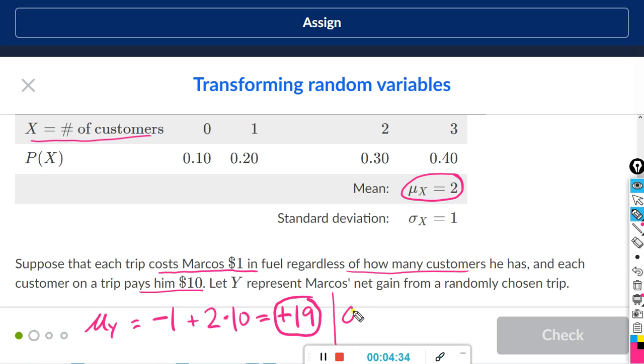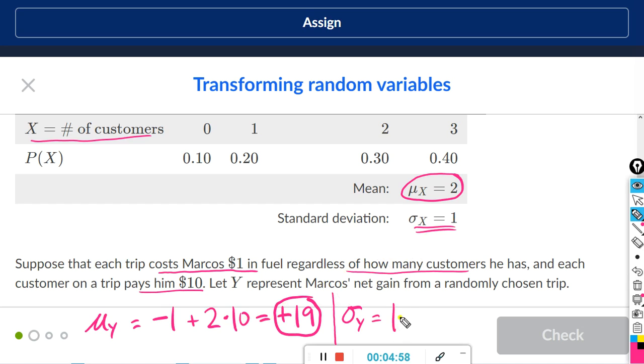And then the standard deviation of Y. Remember we said for standard deviation, adding or subtracting does not affect it. So I'm not going to add or subtract anything here, but we still want to multiply by the 10.